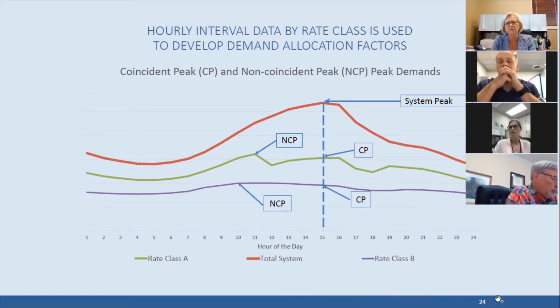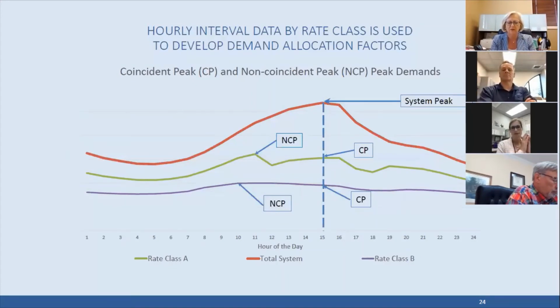So there's a coincident peak demand allocation factor that will be used to allocate certain costs that are shared by the whole system. For example, generation costs: what we design the system to serve is this annual system peak, so we want to allocate those costs based on what every customer class contributed to the responsibility to put that amount of capacity available for the system.